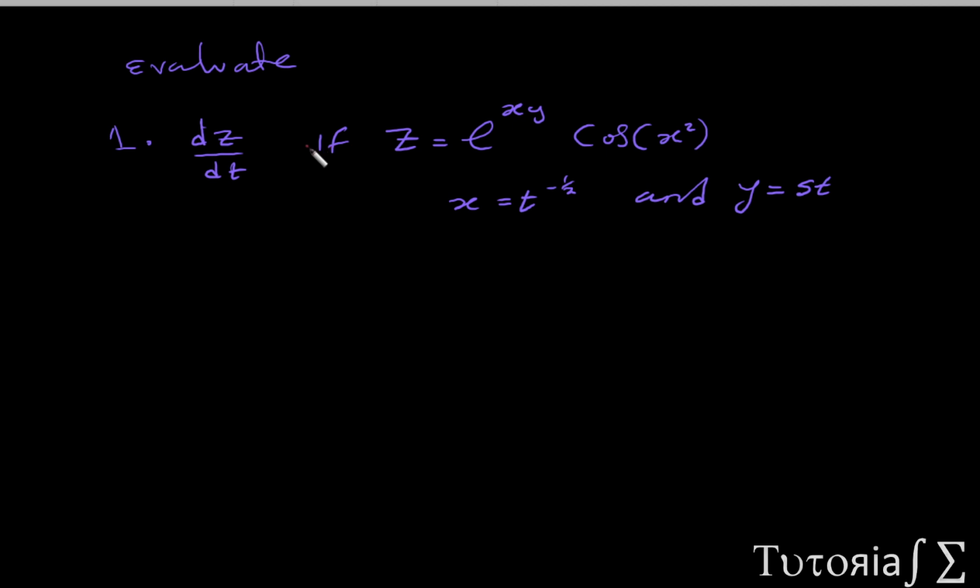We've been given that z is equal to e to the power xy cos of x squared, and we're asked to find dz/dt. Now the problem is that we don't have any t in this function here.